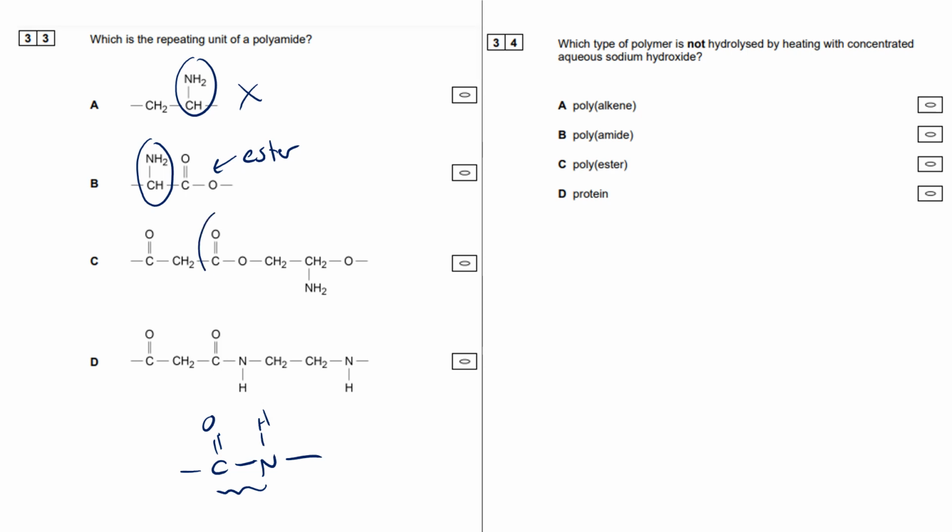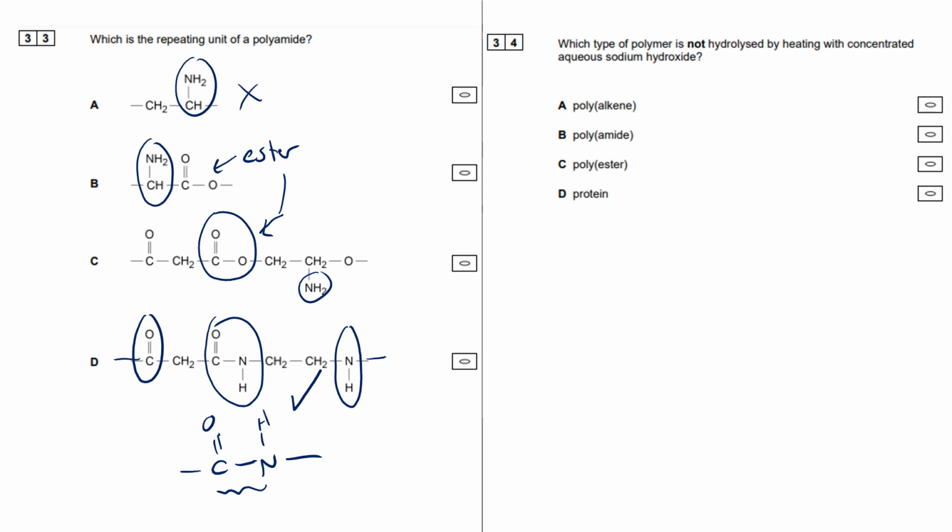C, even though you've got an NH2, you've got a C double bond O, single bond O, so you also have an ester link there. Hopefully D has an amide link. You've got your C double bond O NH. You've got your C double bond O on one end, NH on another end. So that is your repeat unit. That is showing a polyamide. D is the correct answer.